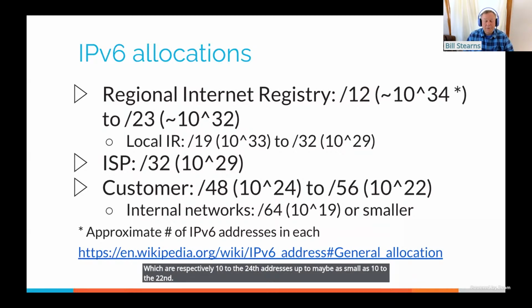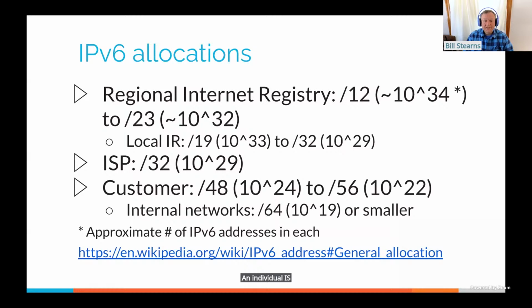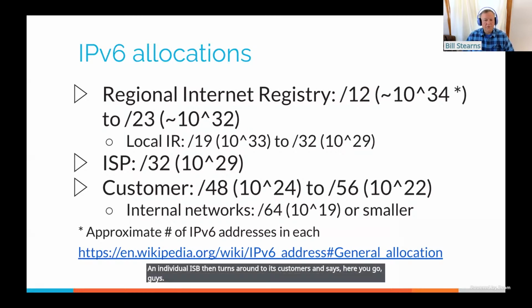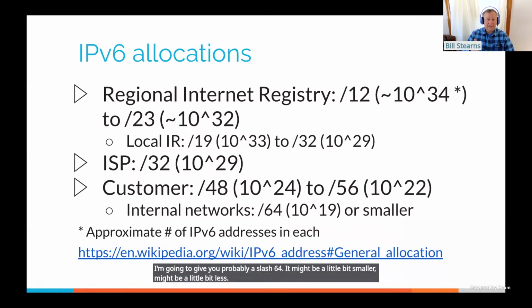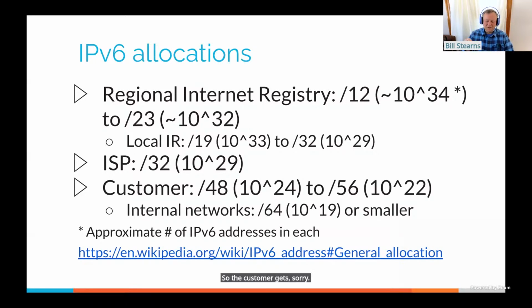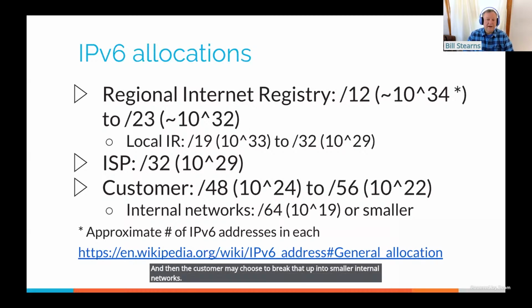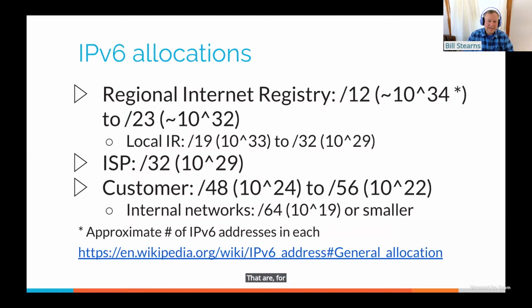An individual ISP then turns around to its customers and says, here you go, guys. I'm going to give you probably a /64. It might be a little bit smaller. So the customer gets 10 to the 24th through 10 to the 22nd, and then the customer may choose to break that up into smaller internal networks that are, for example, 10 to the 19th addresses.